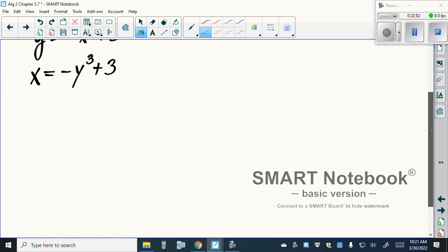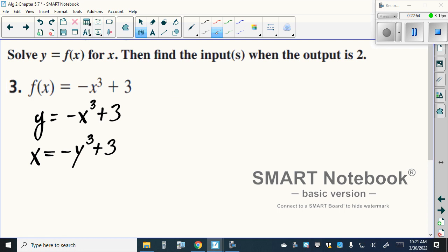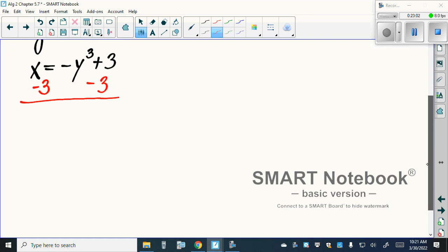Now we need to solve this for y. Well, the first thing we can do is subtract 3 from both sides. Which will tell us that x minus 3 is equal to the negative y cubed. What can we do next? So we need to get y by itself, yes?